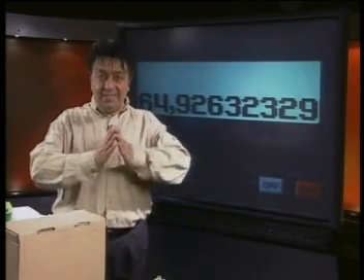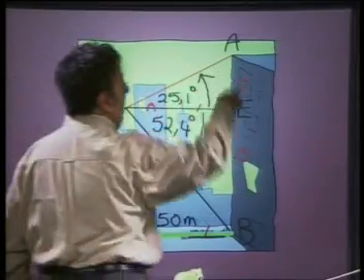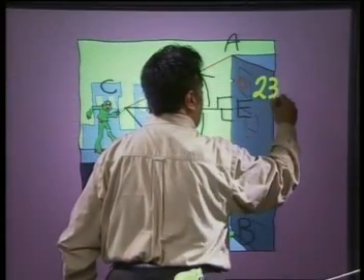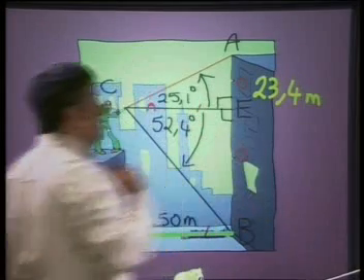Now we have the length of AE and EB. We can add them together to find the total height that the tangent fell. The length of AE is 23,4 meters.